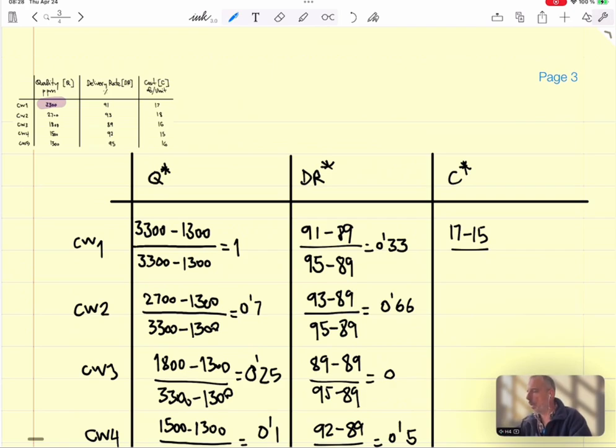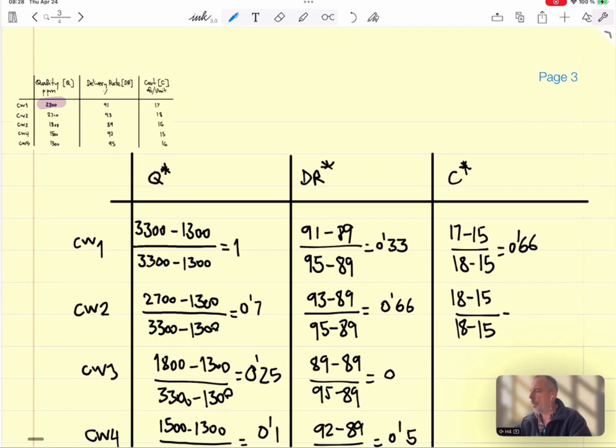Be careful. Do the next one again: 18 minus 15, divided by 18 minus 15.